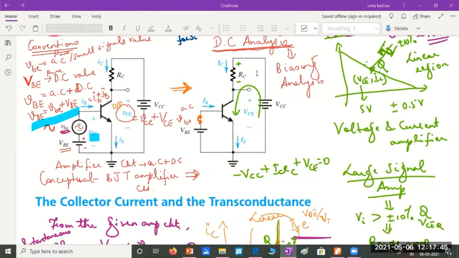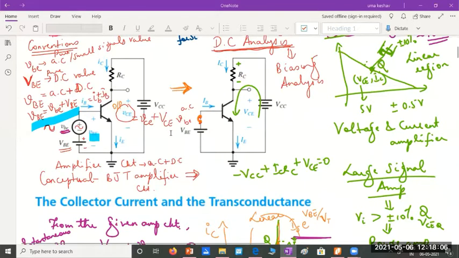DC operation analysis means to find and fix the Q point, the operating point. Once you fix the Q point, you have fixed the operating value of collector emitter voltage and the collector current. So once you have done that, our DC analysis is complete.